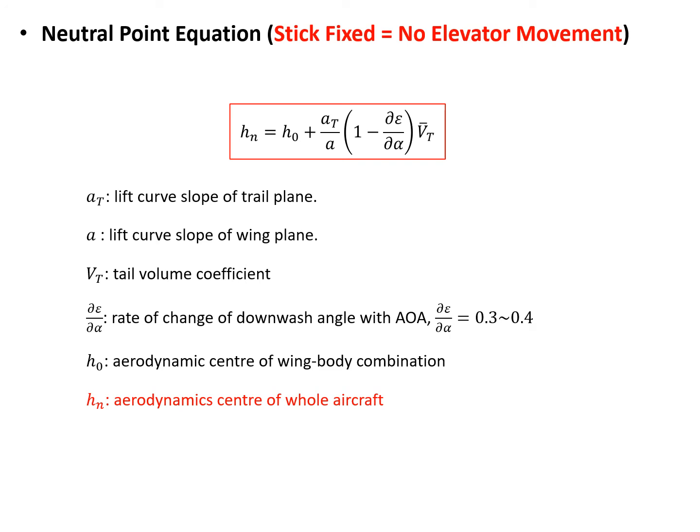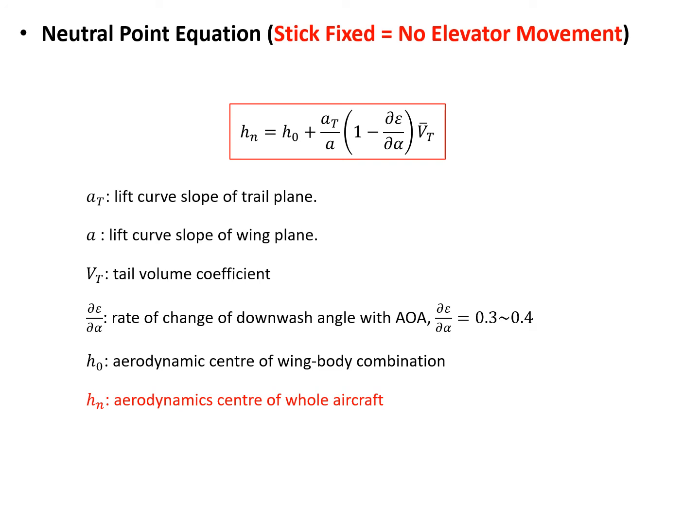And the Hn is a combination of the aerodynamic center of the wing body plus some correction factors, especially determined by the downwash effect. And in practice, we can take Hn, the neutral point, as the aerodynamic center of the whole aircraft, by taking the tail portion into account. So that's the important part of the neutral point equation.